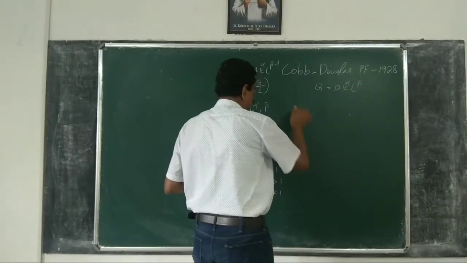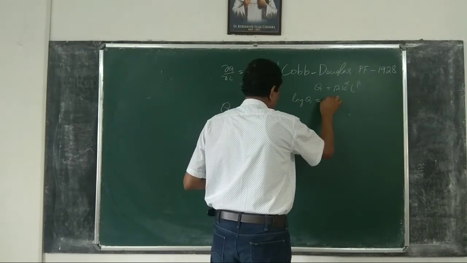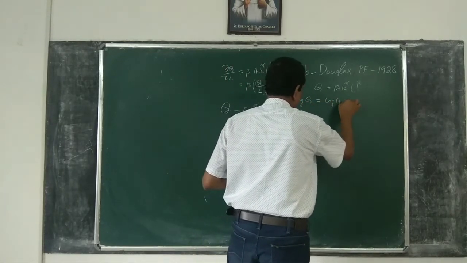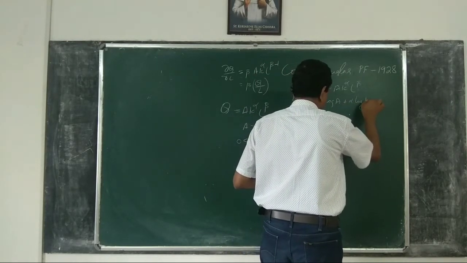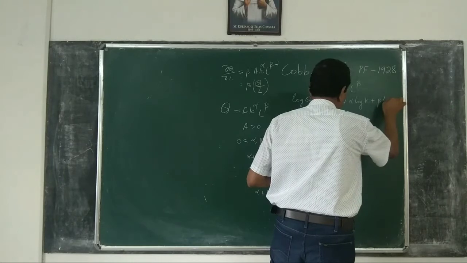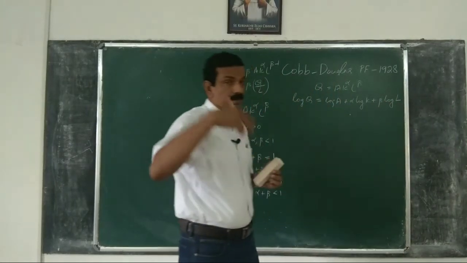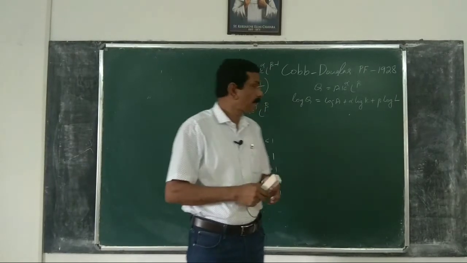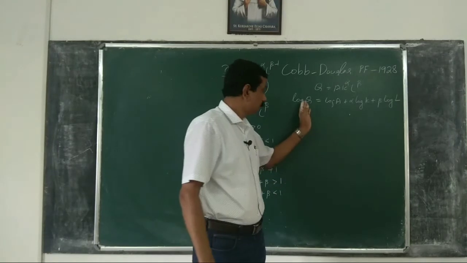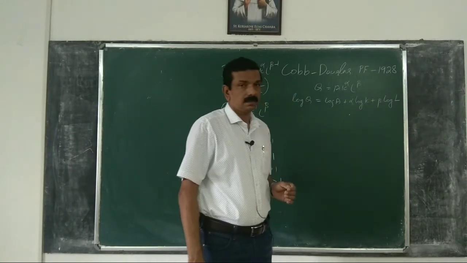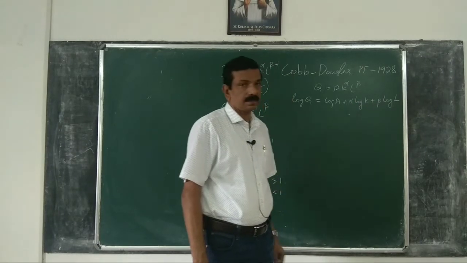In log form, we can write it as log Q is equal to log A plus alpha log K plus beta log L. As we will see later, we use Cobb Douglas production function in log linear form to estimate the parameters alpha and beta.